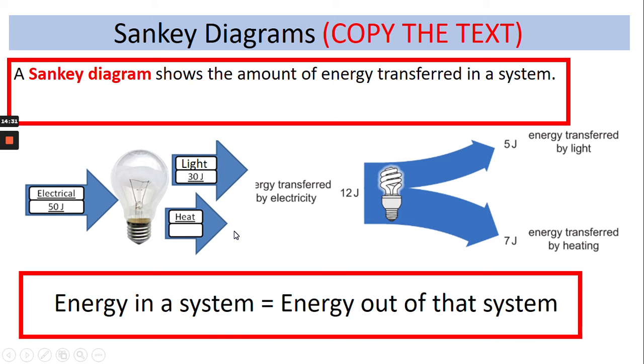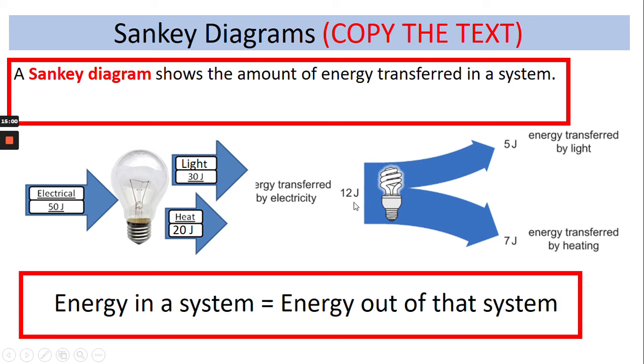Again, the conservation of energy says that the energy going inside the system, which is represented by this arrow, must be equal to the energy going outside of the system, which is represented by these two arrows. Hopefully most of you said that it is 20 joules, because 20 plus 30 is 50. So energy going in equals energy coming out.